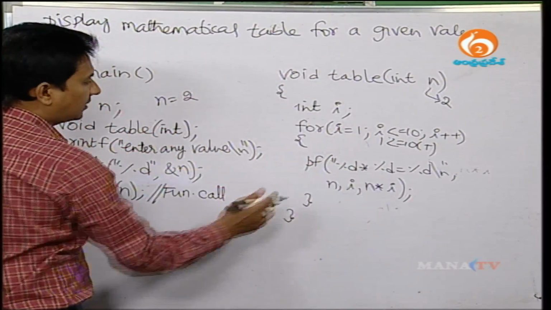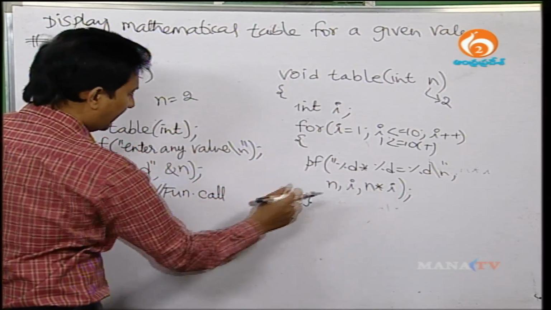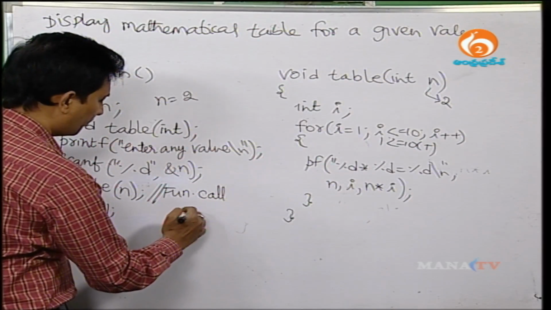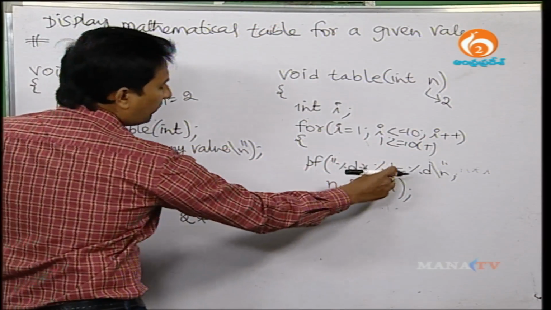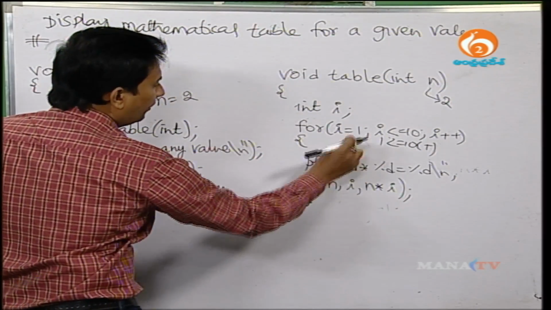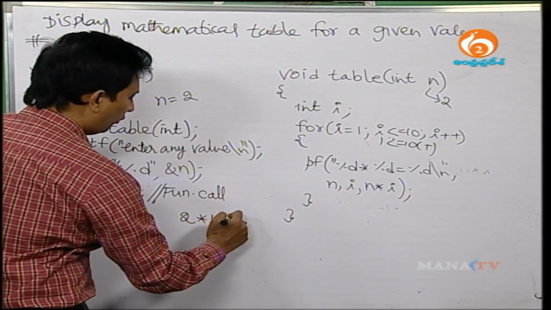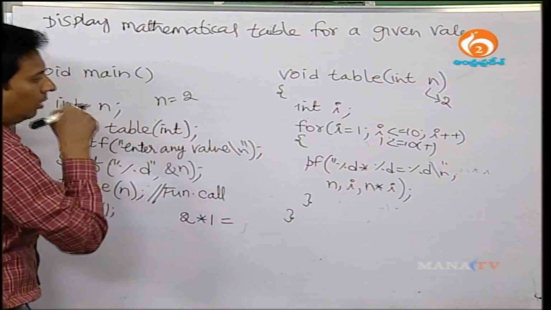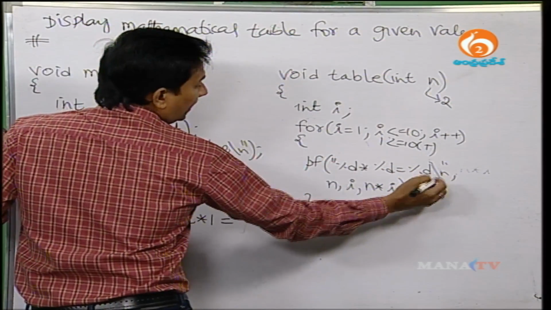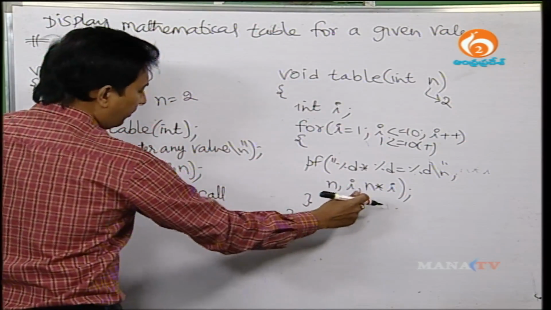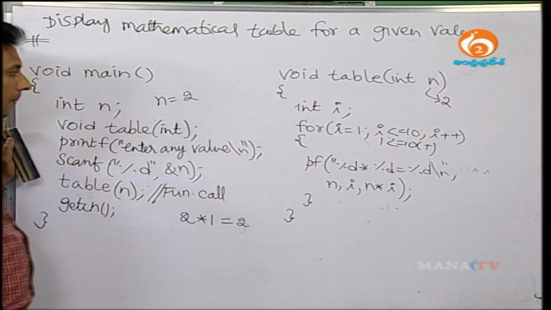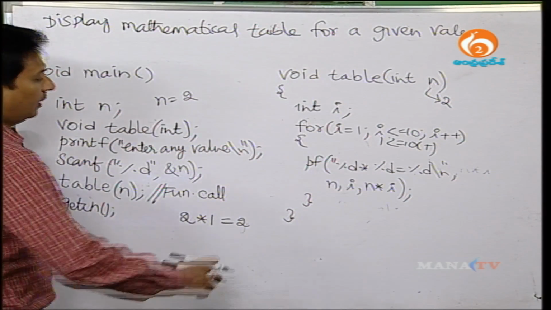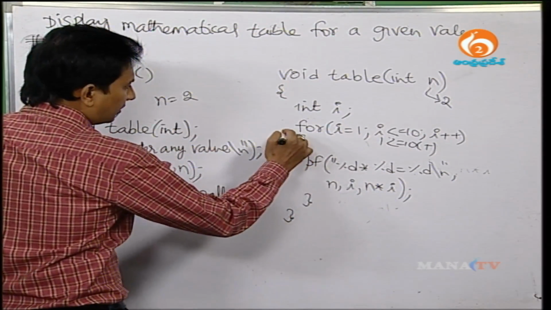Next printf %d means n, n means 2, into another %d, that is I means 1, equal to %d, n star I, 2 into 1, that is 2. Okay, it will be displayed.